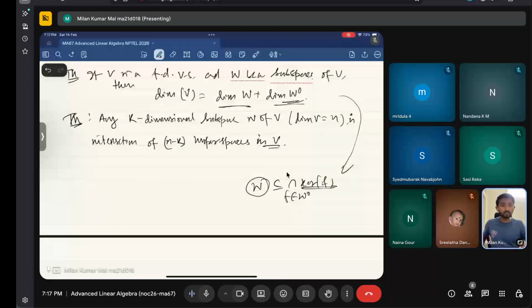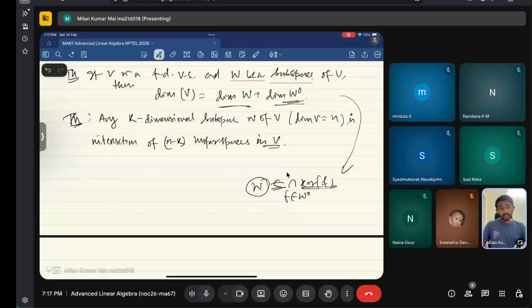But this is what I'm trying to explain: how to connect that the dimension of W is n minus k, and W naught says that W is inside the kernel of all the entries in W naught. So W is inside the intersection of the kernel of F, where F comes from W naught.